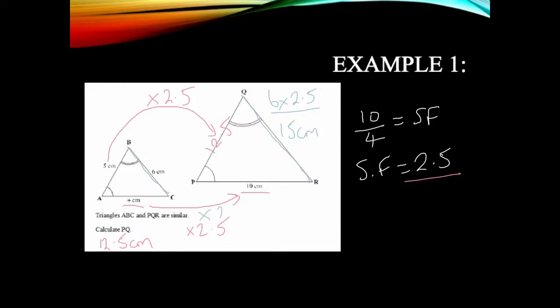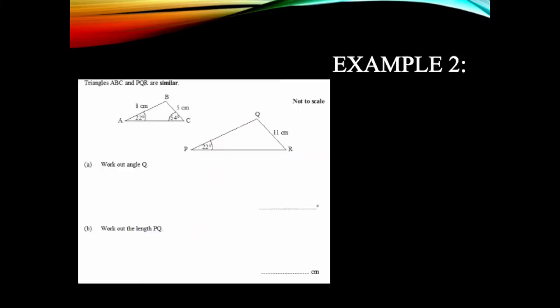Okay, next example. In this example it says triangles ABC and PQR are similar. We can see that we've got this common angle here, 22, and it also tells us in the question that they're similar, so that means that the angles here will also be 54, and this angle will be the same as well.